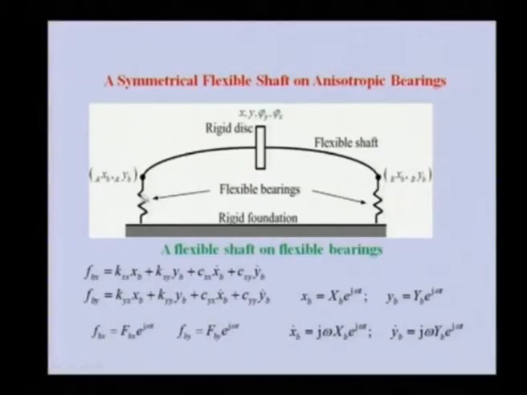First, let us see the bearing force due to the displacement. Because of this displacement and velocity, we can write the bearing force as F b x. This is the bearing force in the x direction, and this is the bearing force in the y direction.